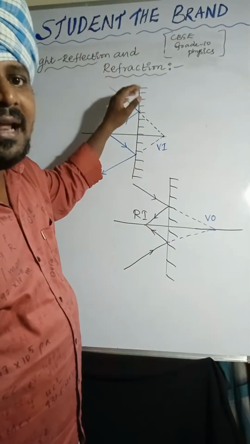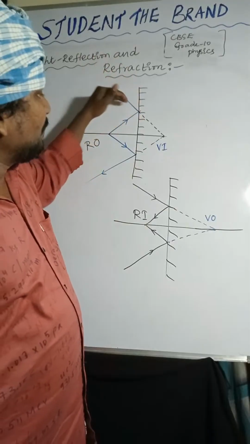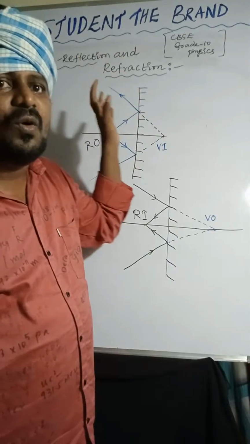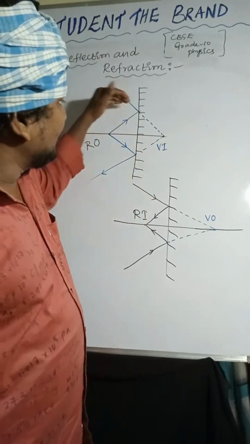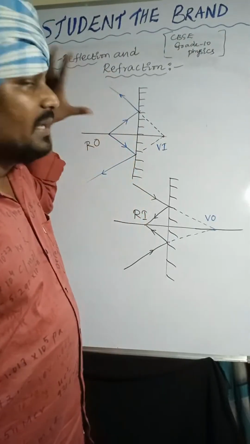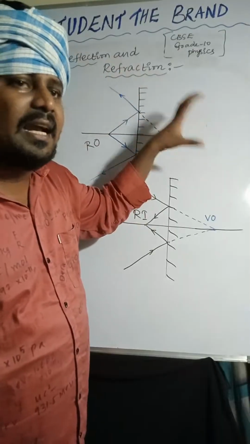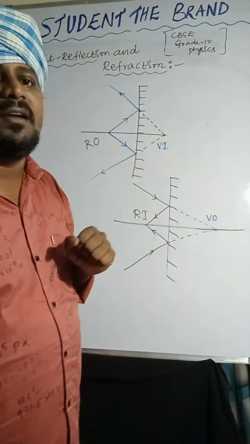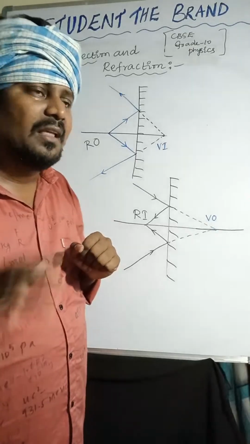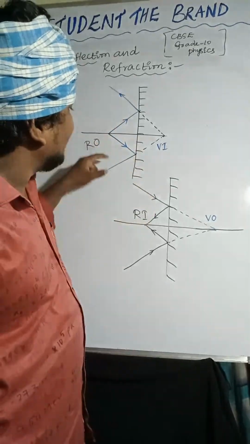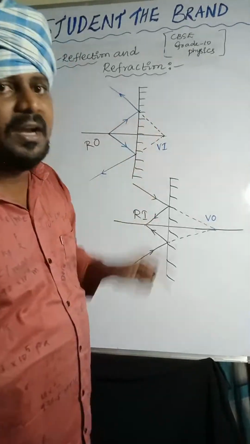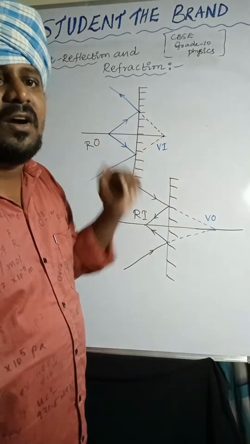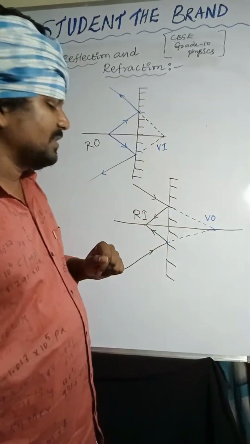If you are extending these reflected light rays, extended reflected light rays are meeting at one point. Their image is forming. That is virtual image.